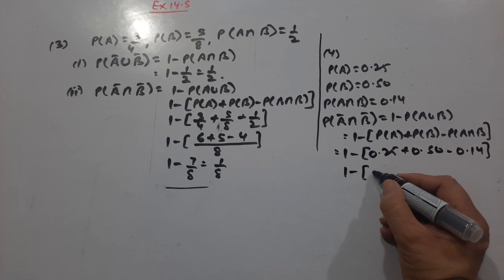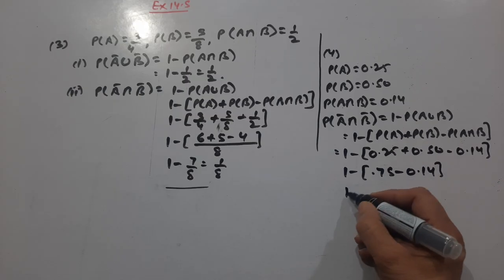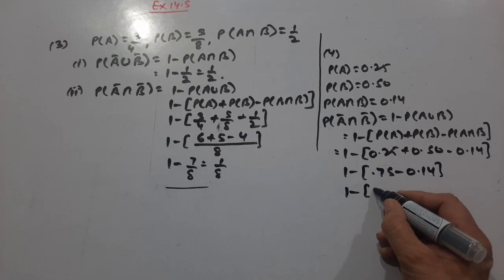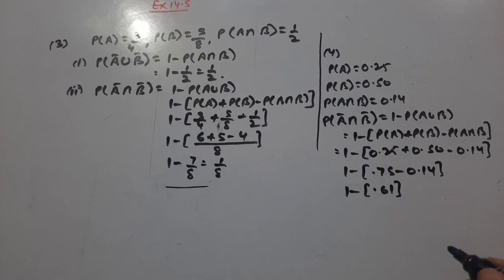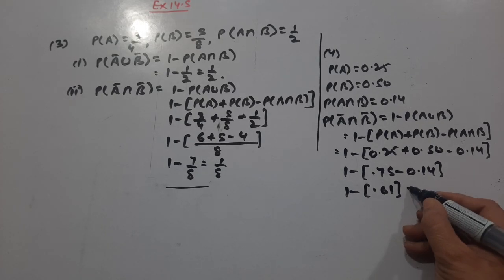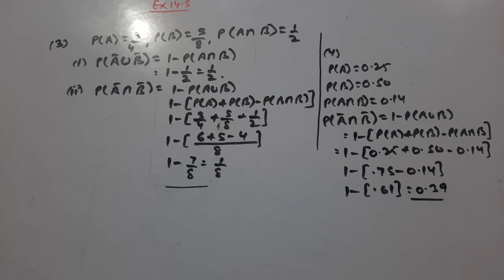So we get 0.75 minus 0.14. So what we get? 0.61. 1 minus 0.61 is equal to 0.39. So this is the probability that neither A nor B occurs.